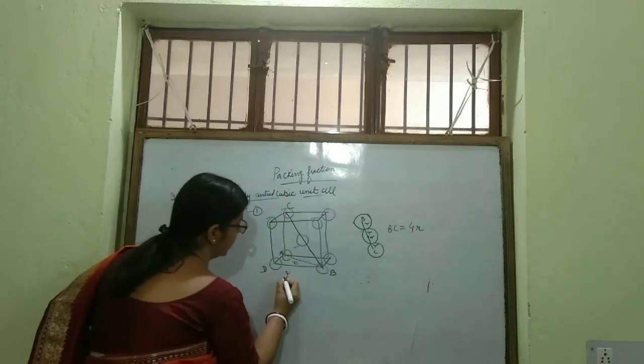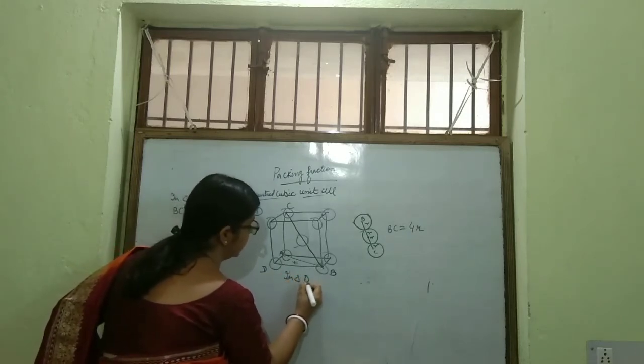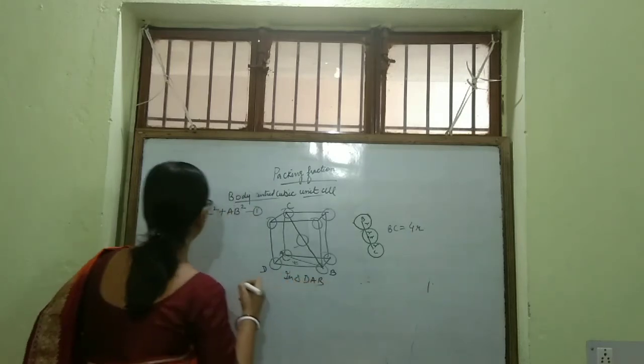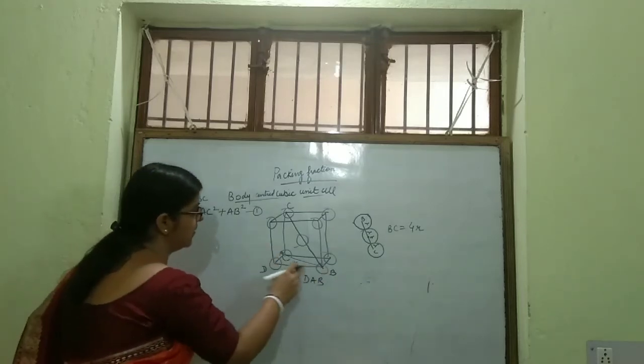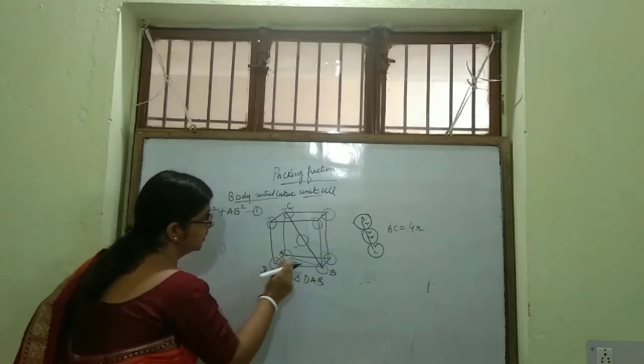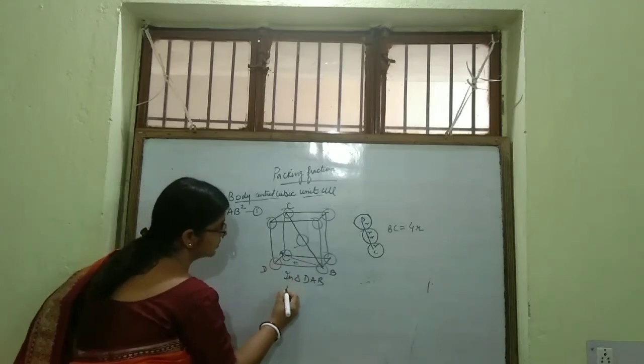Here for this triangle, in triangle DAB, AB is the hypotenuse.